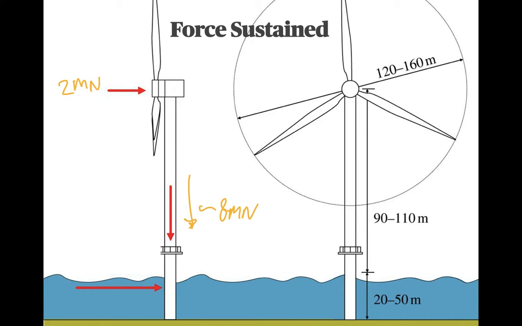And then sometimes there are these huge waves that can hit the pylon that are in the area of 5 meganewtons. And then there's again all this moment here. So you have about 20 to 50 meters of pylon or structure that's underneath the water at average depth, and then about 90 to 100 that's above.